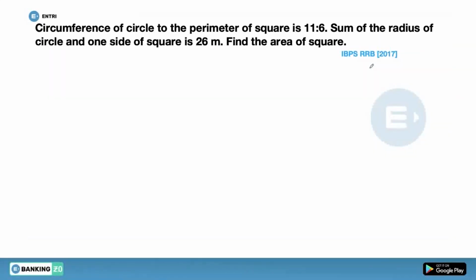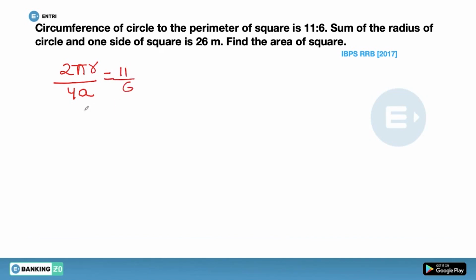What have they told me? They have told me that the ratio of the circumference of the circle to the perimeter of a square is 11:6. I clearly know that the circumference of the circle is 2 pi r. And what is the perimeter of the square? If I consider one side as a, the perimeter of the square would be 4a, because it is the boundary sum, and the ratio is given as 11:6.